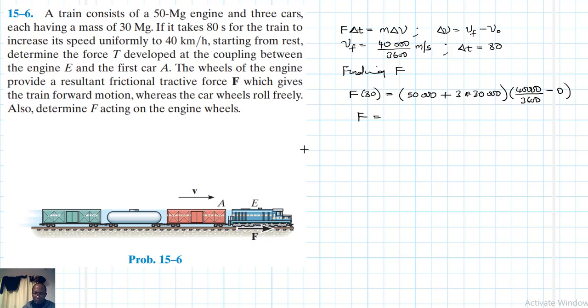So we have 50,000 plus 90,000 times 40,000 divided by 3,600 and divided by 80. So we get 19,444.444 newtons. So this is our F.